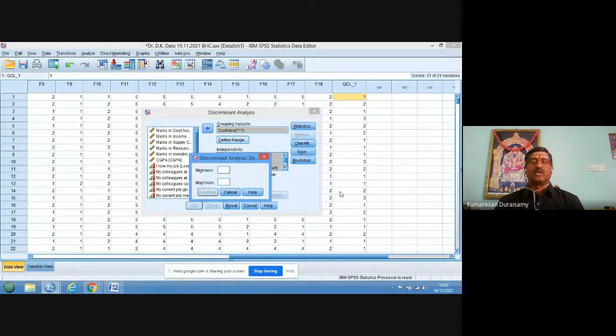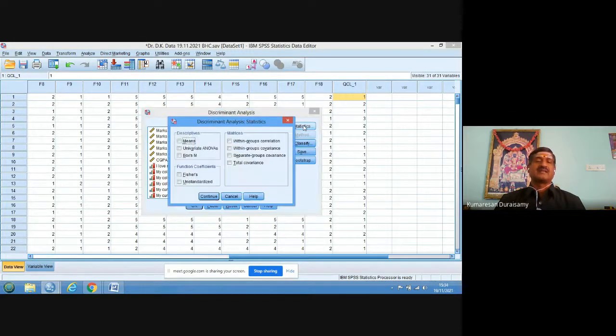Define range: how many groups have we formed? Two groups, so minimum 1, maximum 2: confident, not confident. That's all. Suppose you take satisfaction as the grouping variable, low, medium, high. In that case, minimum 1, maximum 3, so three groups are there to determine the discriminating factor. Now continue.